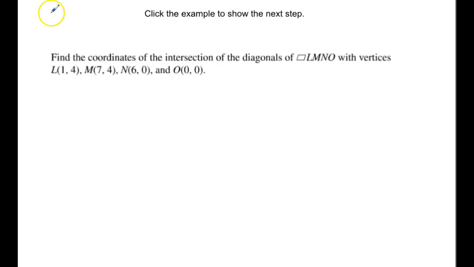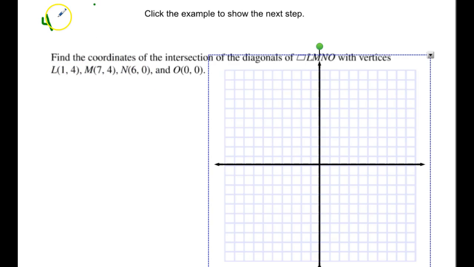So here we're looking at example number 4. So here we're starting to use that second learning target, using these parallelograms in the coordinate plane. So I'm supposed to find the coordinates of the intersection of the diagonals of parallelogram, that's what this little symbol means, LMNO with vertices at (1, 4), (7, 4), (6, 0), and (0, 0).